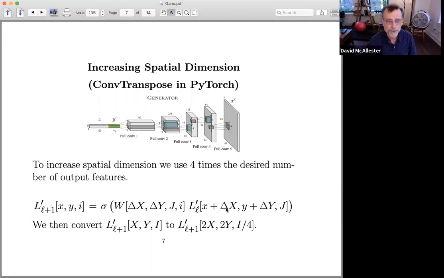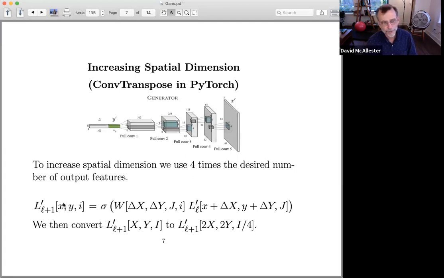Now, when I do this stride 1 convolution to get an image of the same size, I can use a fairly large number of neurons at each pixel. So let's assume that this tensor has a large number of neurons or features at each pixel, at each spatial location.